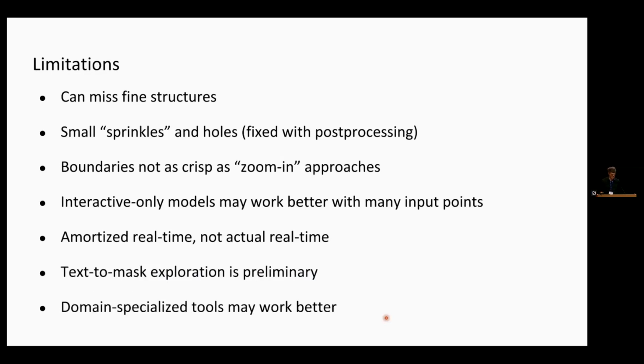And the last thing is that the zero-shot transfer to new domains is cool, but you might expect that domain-specific information probably works better. What we hope is that this is a strong starting point for including domain-specific information beyond this point.